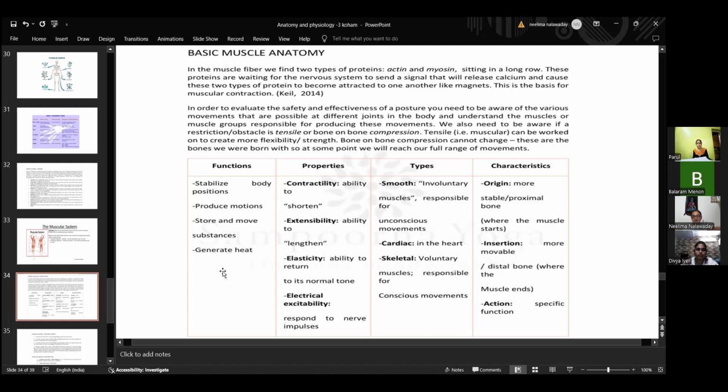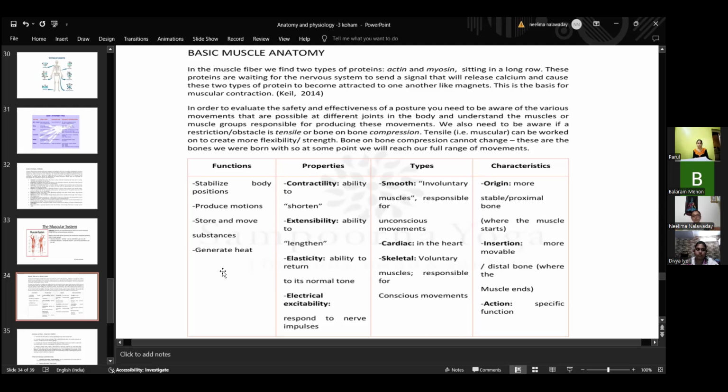Neuromuscular junctions are there all over the body. So they are connected with the nervous system, right? Now types we saw: smooth, cardiac, skeletal. Characteristics: origin, the more stable proximal bone where the muscle starts. Insertion. So these are all characteristics of skeletal muscles. Skeletal muscles are covering our bones.